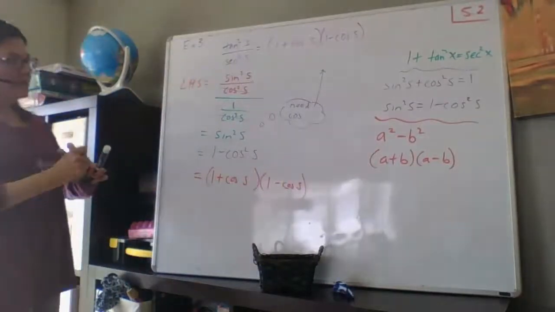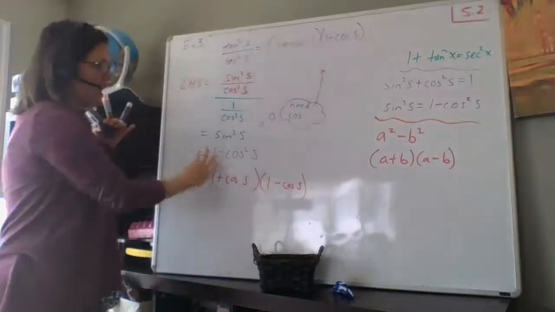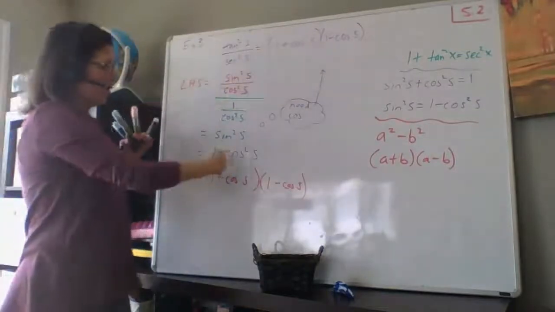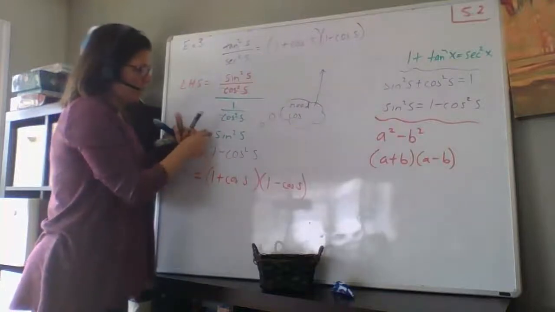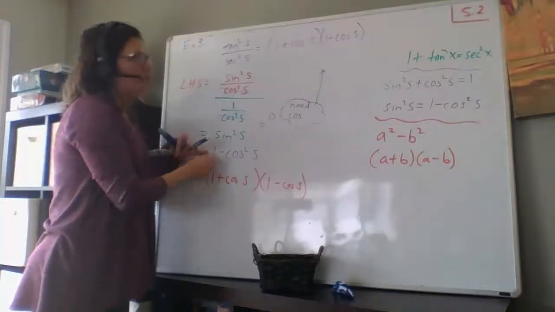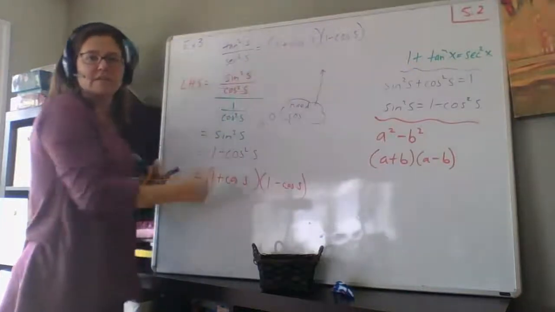And the beauty is this is kind of our goal, and this is our map. We're trying to map out our directions to get to the goal. But even when you're here or here, you can look to see, does this factor? Or can I factor this in any way?